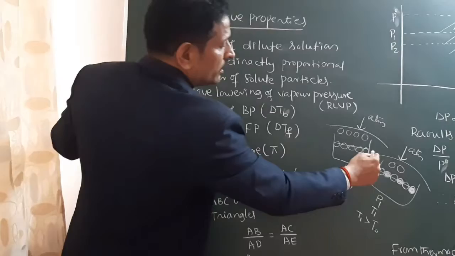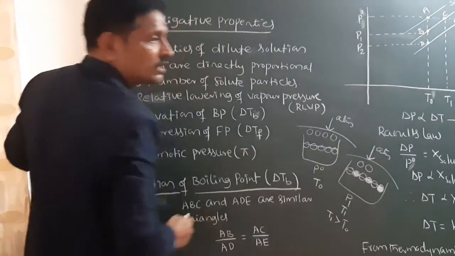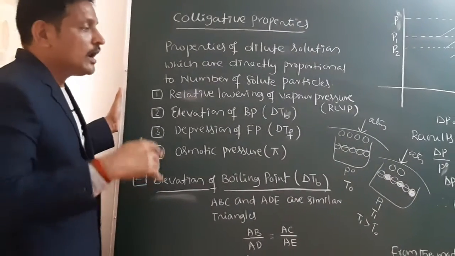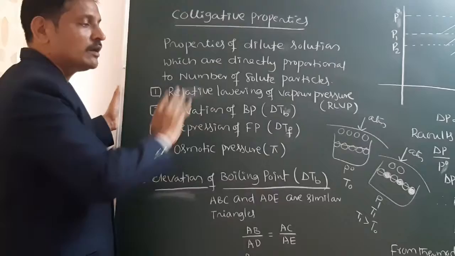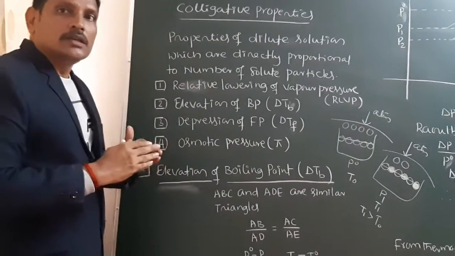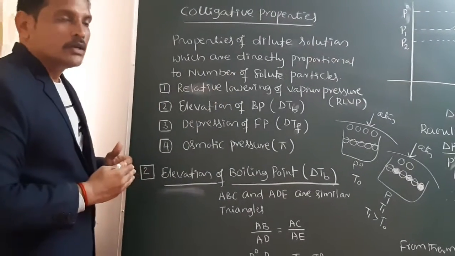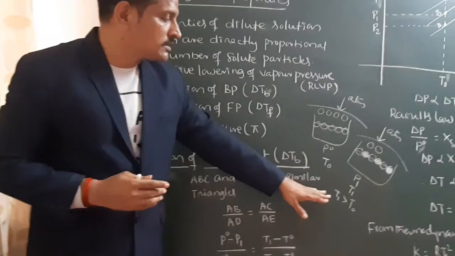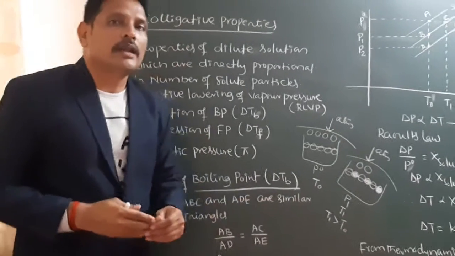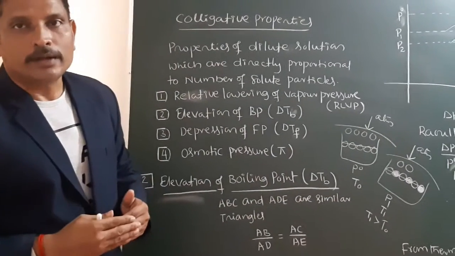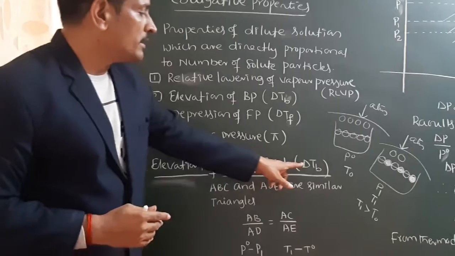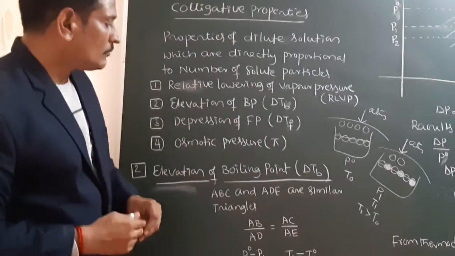Automatically, the boiling point of a solution containing non-volatile solute is always more than that of the pure solvent. So this is called elevation of boiling point. The difference between the boiling points, T1 minus T0, is called elevation of boiling point, indicated by delta T.